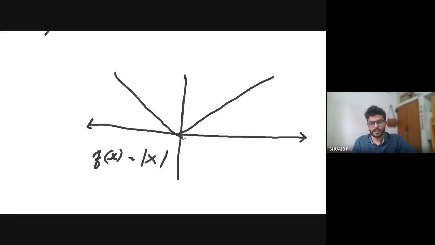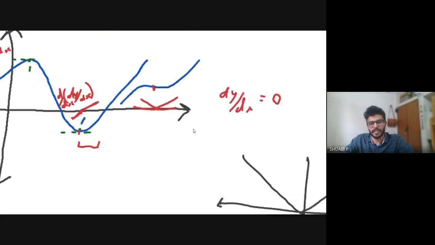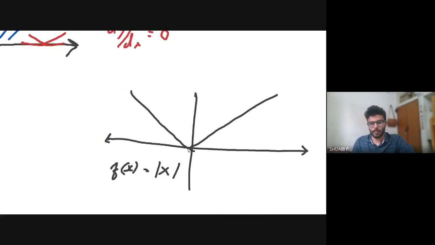From our definition, the derivative of the function at a point can be said to be the slope of the tangent to that point.